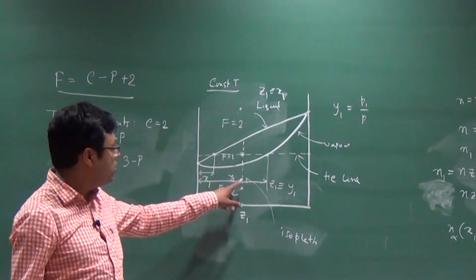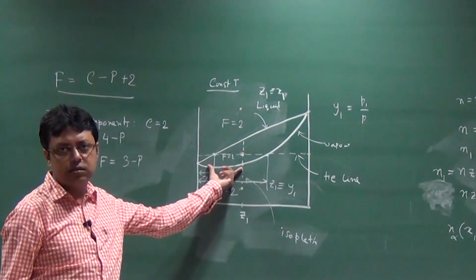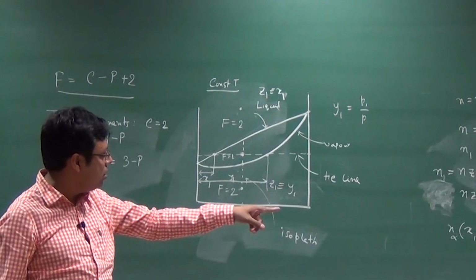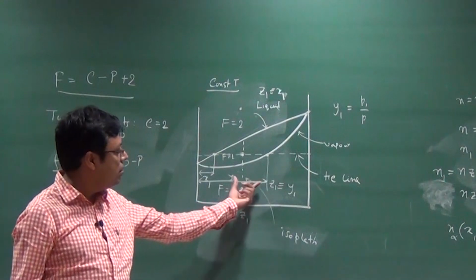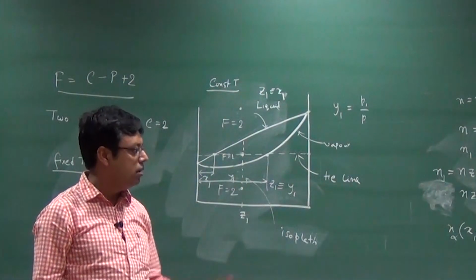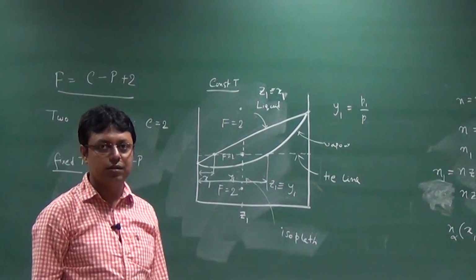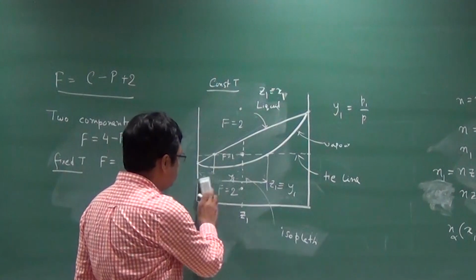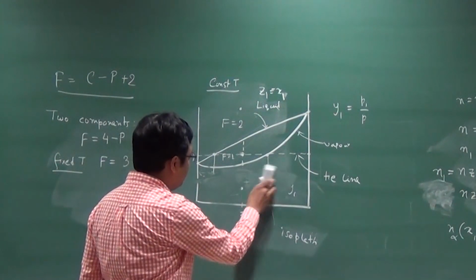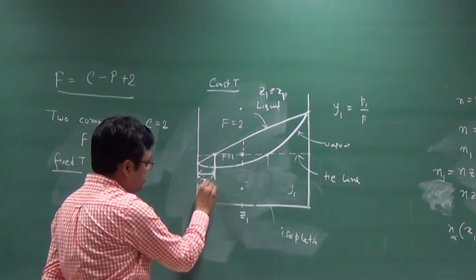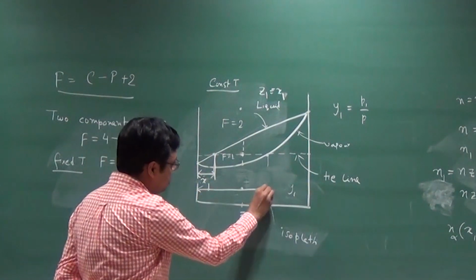So X1 minus Z1 means what? Negative of this thing, right? And Z1 minus Y1 will be negative of this. So these two lengths are basically those two quantities. Study carefully. This is X1.